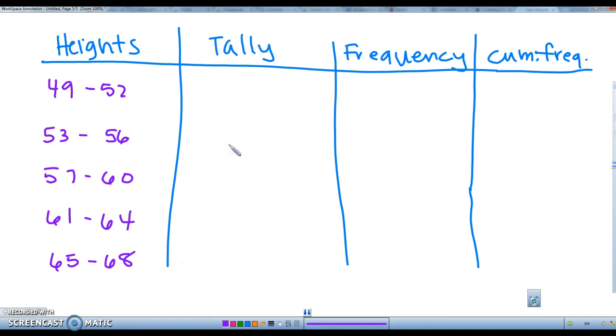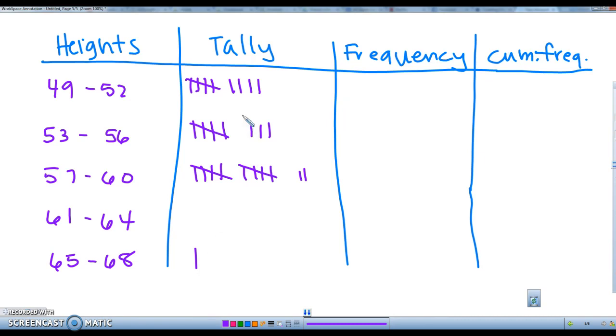If I look back at my raw data, I can start doing a tally. So there were this many people if I'm tallying it. And obviously I'm going in order because I have my chart done.